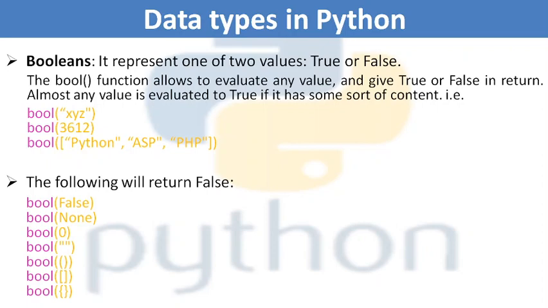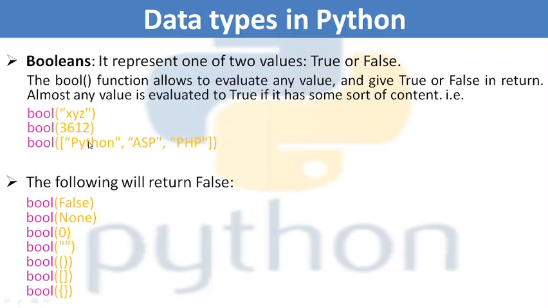Like here, bool of xyz, 3612, and a list: xyz is a string, so it will return true, this is an integer, so it will also return true, and this is a list, so it will also return true.